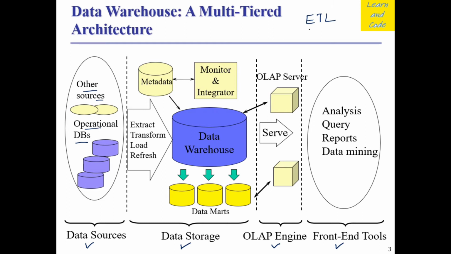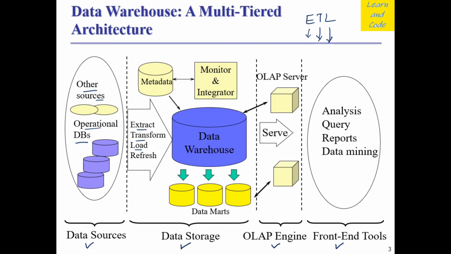First of all we need to extract the data from the multiple sources, right? Then, as the data may be different, we have to transform that data into a uniform structure, so that is data transformation. And at last we need to load the data to the data warehouse. So this is what we are doing here: extraction, then transformation, and then loading, and obviously we will be performing a refresh operation also. We'll come to what exactly the refresh operation is.